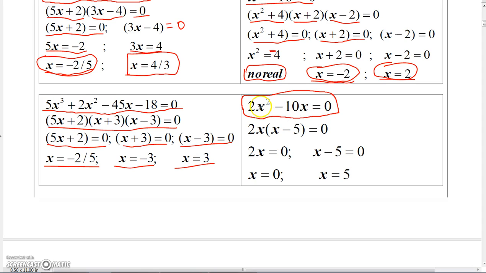If I factor 2x out of 2x squared, I just get x. And if I factor 2x out of minus 10x, I get minus 5. So this factors into 2x and x minus 5. Well, 2x equals 0 does have a solution, x equals 0. So obviously if x equals 0, then this would be a true statement. And then also if x minus 5 equals 0, this would be a true statement as well.